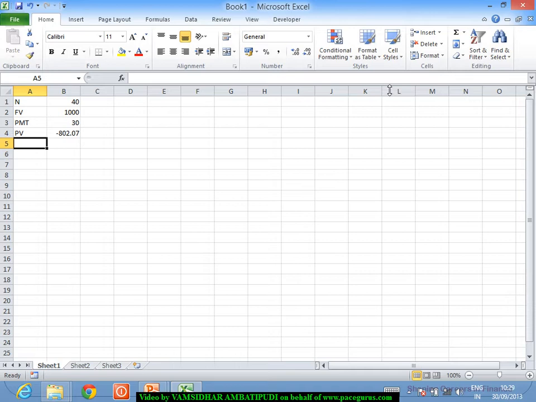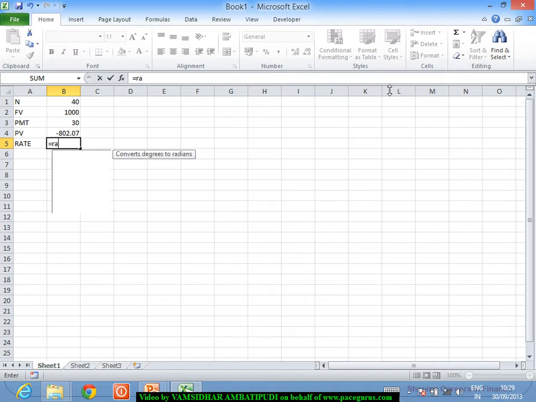Now, when I am computing the I/Y, which is nothing but the YTM, a computation of I/Y in this case, by taking these 4 values, will give me the YTM for the bond. So what is the YTM for the bond? The number of periods is 40. The PMT is 30.